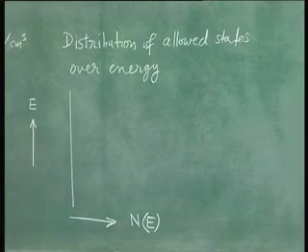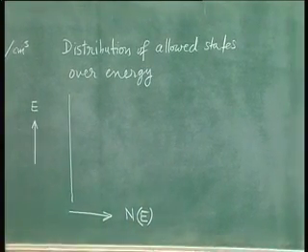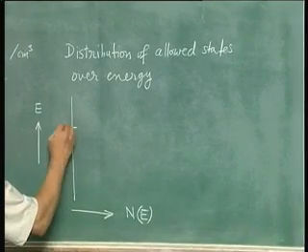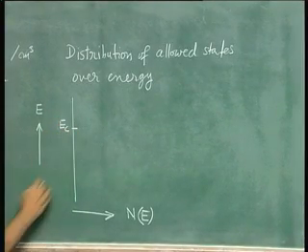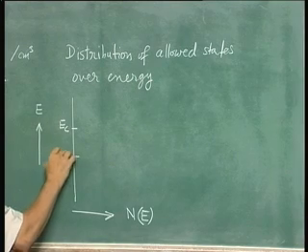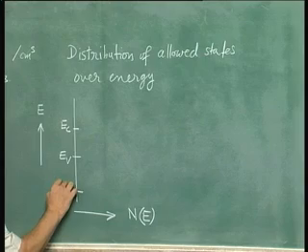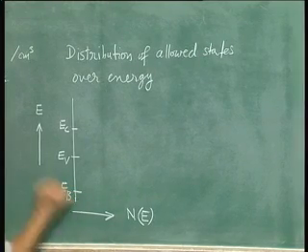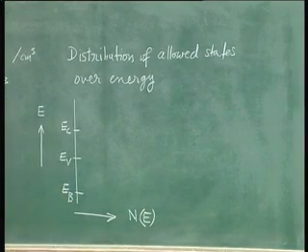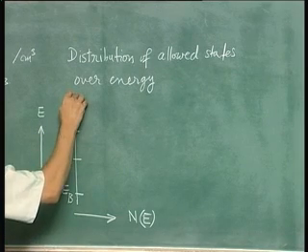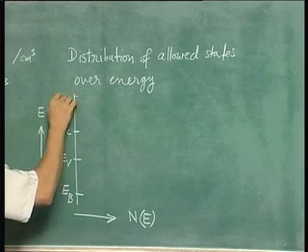NE. Let us say this is EC and this is EV. Let us say the bottom of the valence band is called EB, and let us assume the top of the conduction band is called ET.